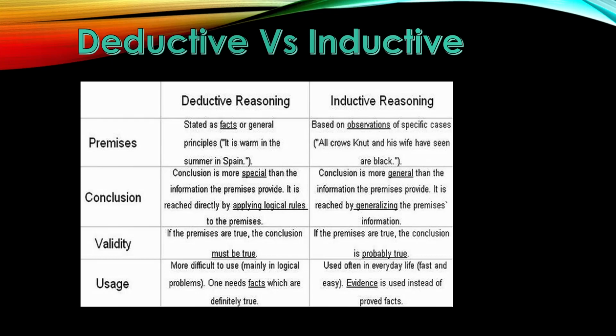In deductive reasoning, we are concluding on the basis of applying certain logical rules, whereas in inductive reasoning we are reaching it by generalizing the premises or the rules. Then about validity: if the premises are true, then the conclusion will be true in the case of deductive reasoning. But in inductive reasoning, if the premises are true, the conclusion may or may not be true. It is only a probability of being true.